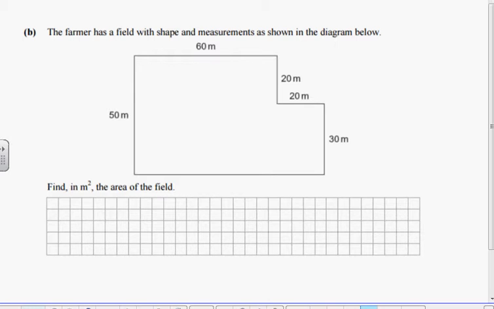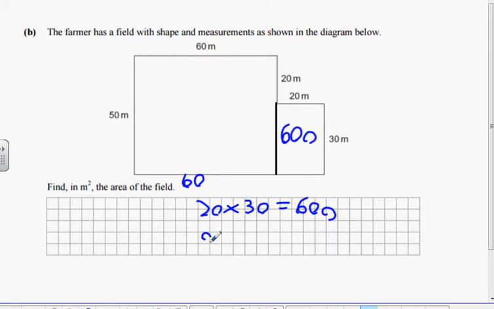This one here, I think this is quite easy. Make 2 boxes. Did you do it that way? I did. The other way? Yeah, the other way. Okay. What's 20 by 30? 600 for that box. And the second box? 60 by 50 is 3000. Add them together.